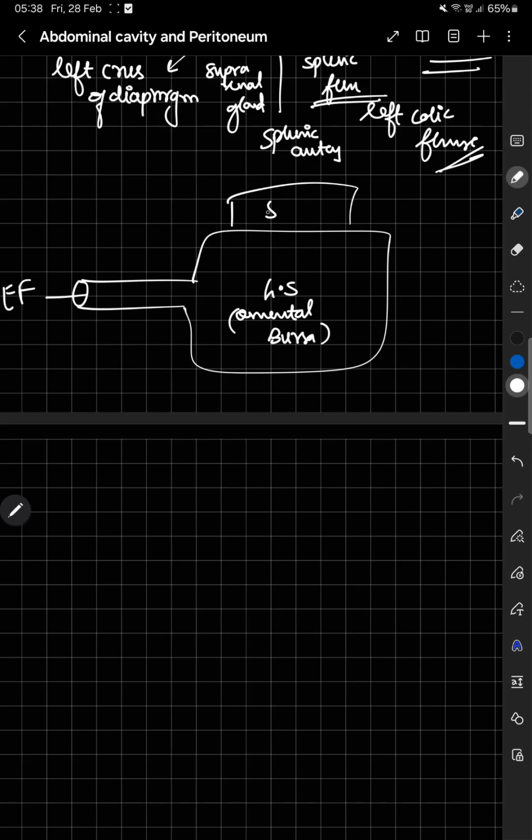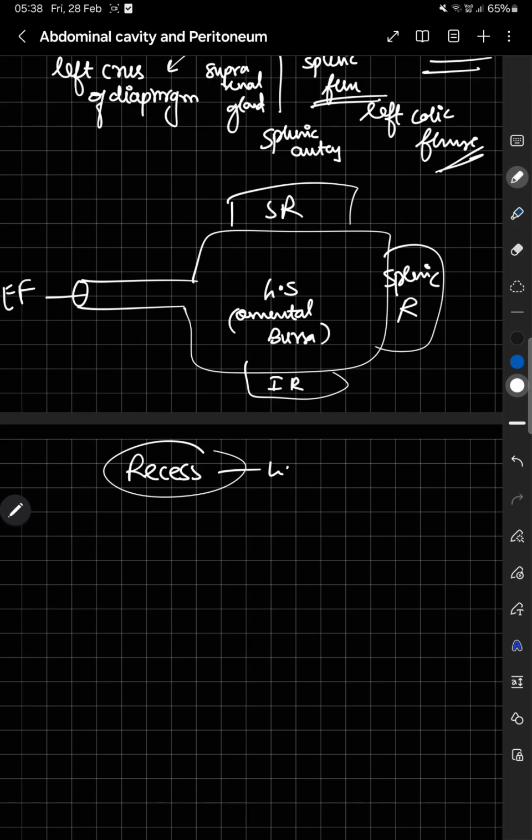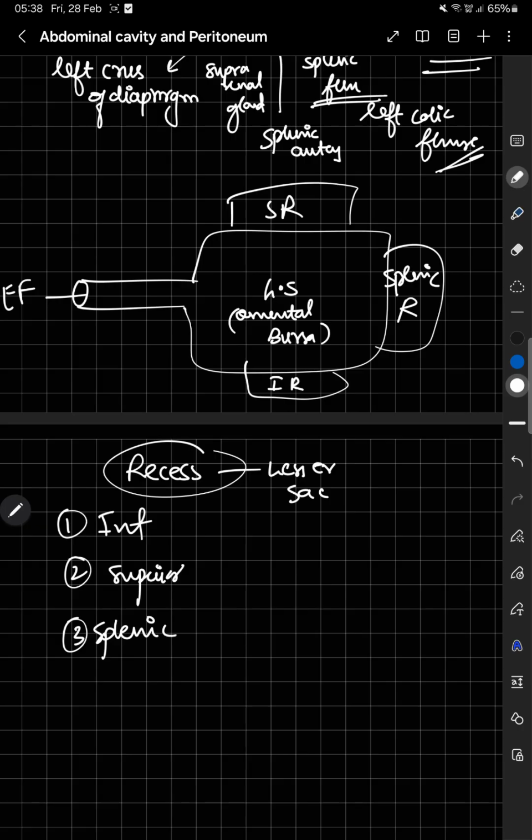Above we have our superior recess, splenic recess, and inferior recess. So the recesses formed by the lesser sac: first inferior, superior, third one is splenic.